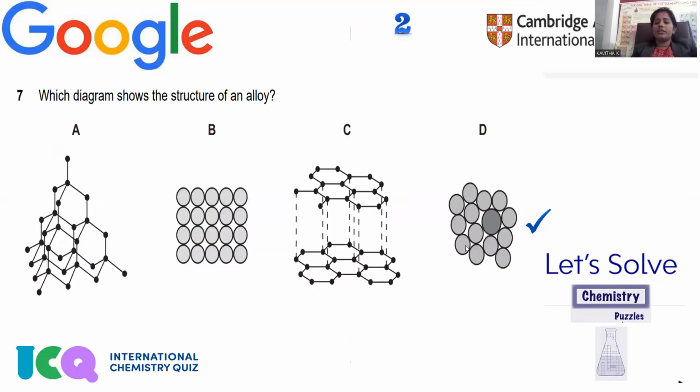Among the given options here, you can clearly notice all the lobes are smaller, that means all are equally sized, but one of the lobes is larger than the remaining, so we can say some other new material got added over here. So it is the simplest example for an alloy. This is the way we can answer.